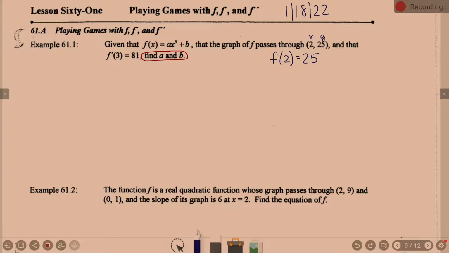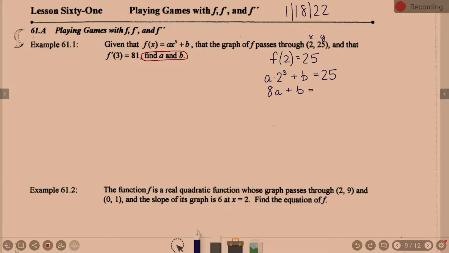So if we plug that in, 2 is going in for x, right? So I'm going to say a times 2 cubed plus b, and that is going to equal 25. 2 to the third is 8.